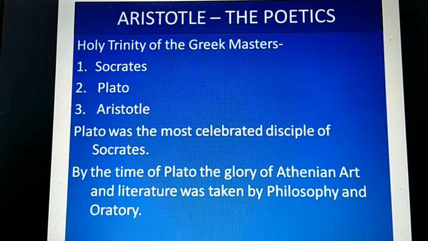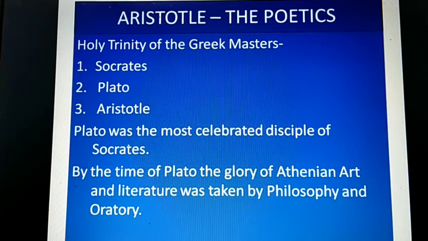Now that we have studied the Republic of Plato, we know that Aristotle differs from his master Plato. When we learn the Poetics of Aristotle, it's good that we remember we have the Holy Trinity of Greek masters, and the Holy Trinity of Greek masters are Socrates, Plato and Aristotle.